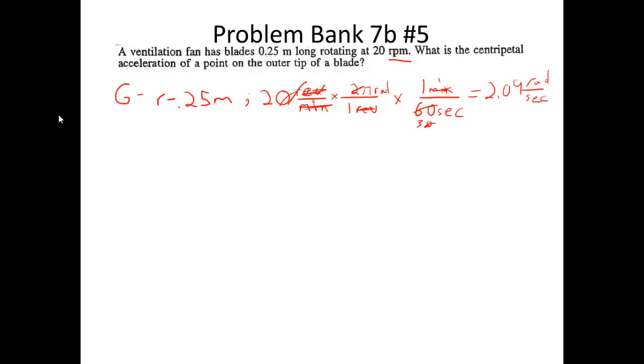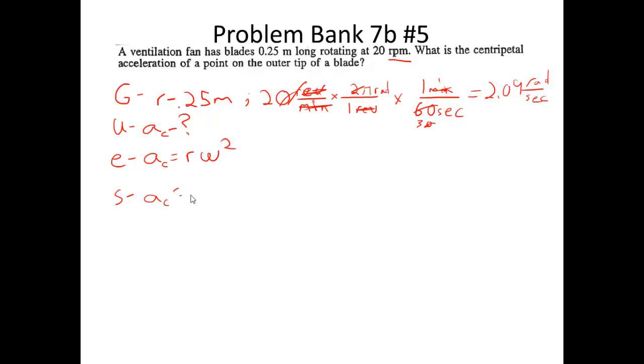And the question is what is the centripetal acceleration of a point on the outer tip of a blade? So our unknown is the centripetal acceleration. And again, we will use the equation centripetal acceleration is equal to our radius times our angular velocity squared.